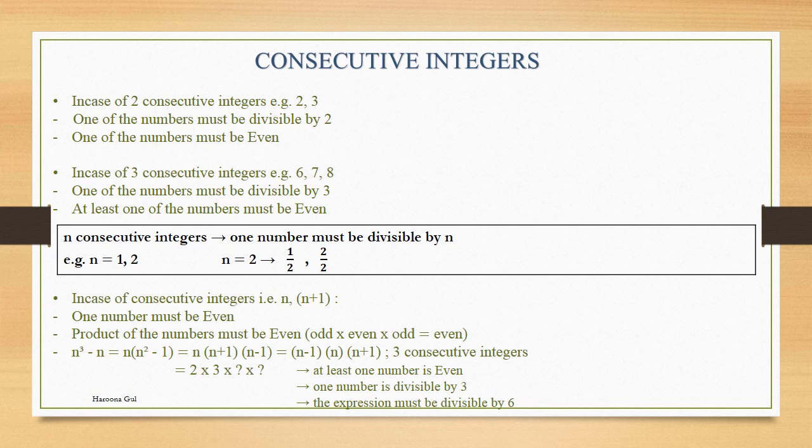If we look at the expression n cubed minus n, it can be split further, giving us an expression of 3 consecutive integers. For example, if we have 3 consecutive integers, 2, 3, and 4, at least one number is even and one number is divisible by 3, and the expression must be divisible by 6.